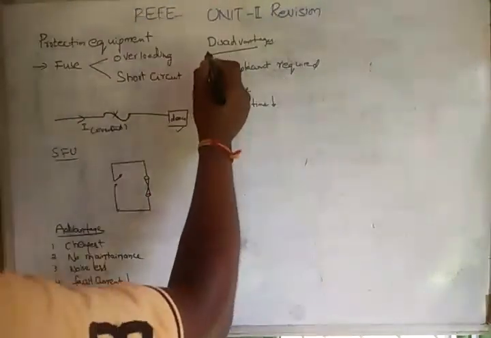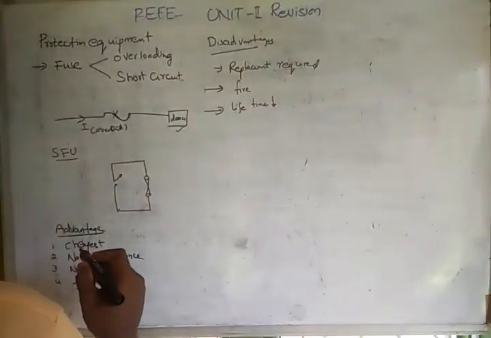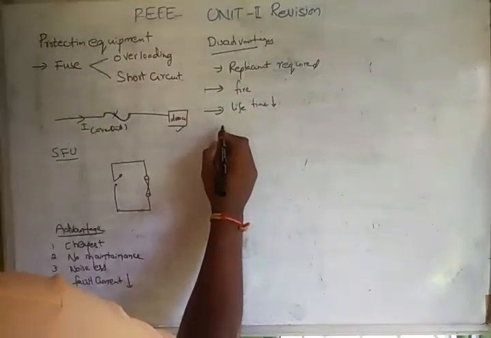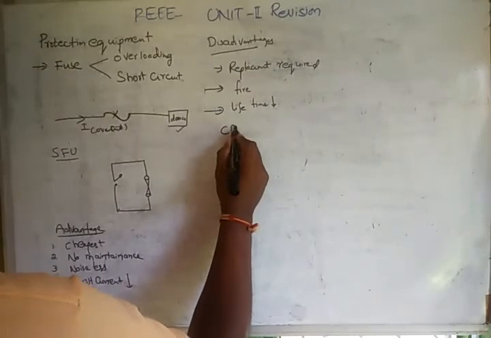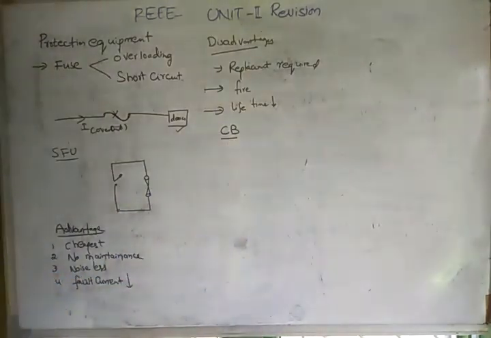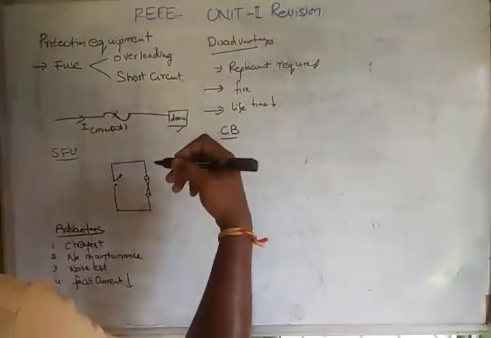In order to limit the disadvantages of protecting equipment like fuses, one more protecting device called the circuit breaker was introduced. This is the newer technology. A circuit breaker is also a protecting device like the fuse.